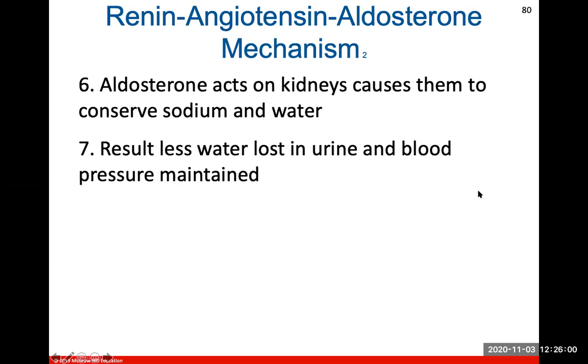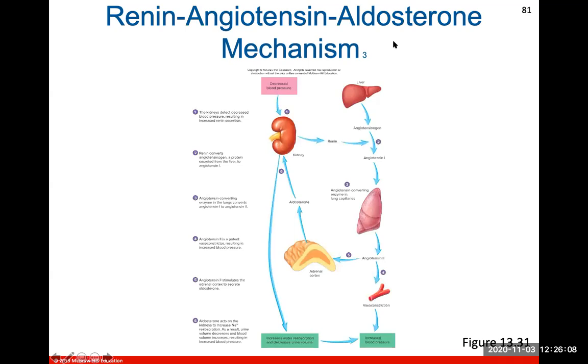So aldosterone acts on your kidneys to try to conserve sodium and water. It will result in less water loss in your urine and blood pressure maintained. And this is the renin-angiotensin-aldosterone mechanism. Again, it will kick into gear if there's a decrease in blood pressure or blood volume.